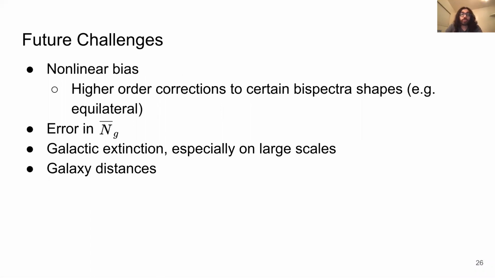So just quickly, some problems going forward, or some difficulties, is this nonlinear bias that I had mentioned. It is quite complicated. And so the higher order corrections to certain bispectral shapes, like the equilateral shape, are not actually worked out, because adding in this nonlinear bias complicates the math by quite a bit.